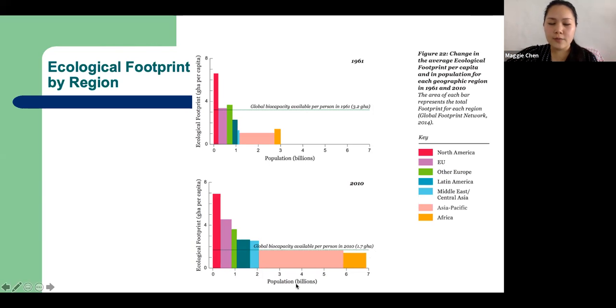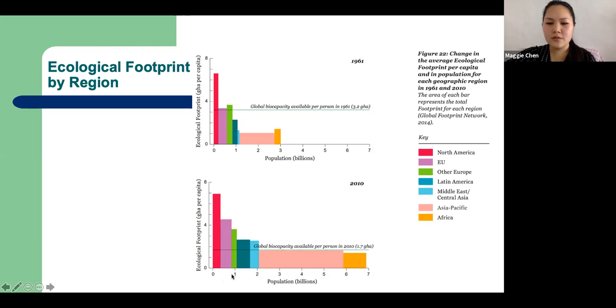And if we're looking back at North America, we can see that there are still less than 500 million people, but now the ecological footprint per person, so the amount of resources that they use, is getting higher. In 1961, we could say that it was a little bit more than 6.5 global hectares per person, but we can see now that it's around 7, almost 7 global hectares.